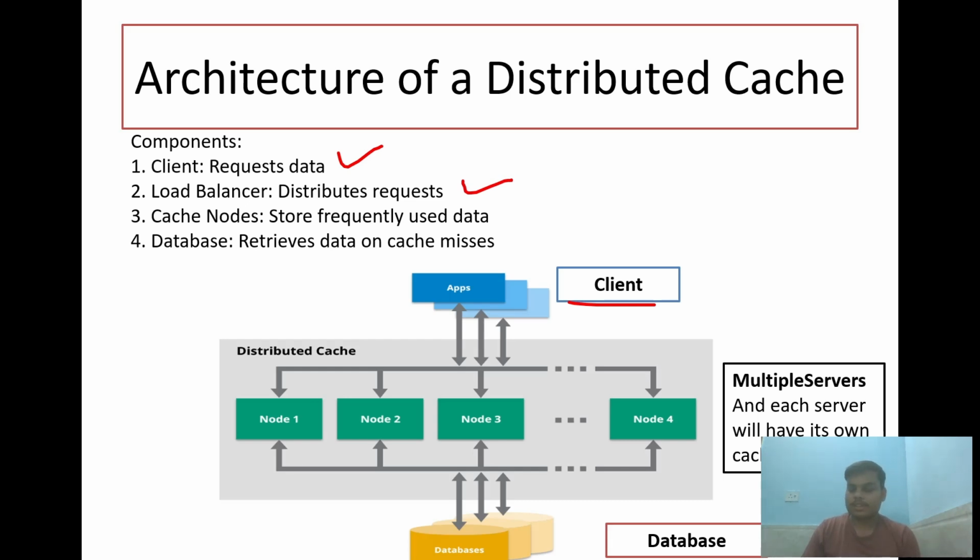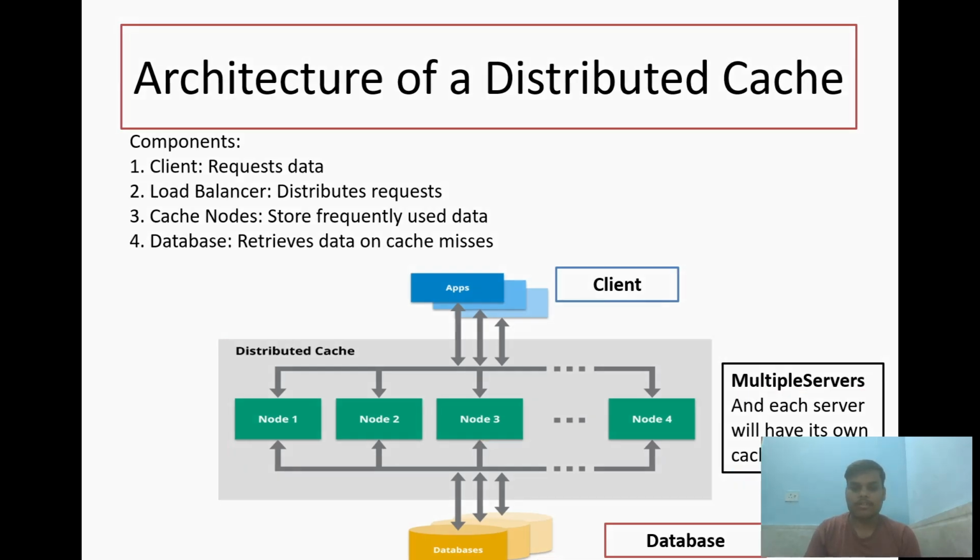It consists of cache nodes, which means this is the caching portion, and these are the nodes which are caching the data, and each node has its own cache. And the fourth component is the database, where our data is stored. So there are multiple servers and each server will have its own cache.